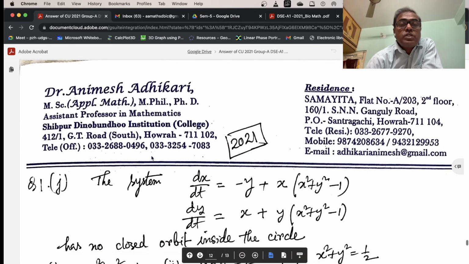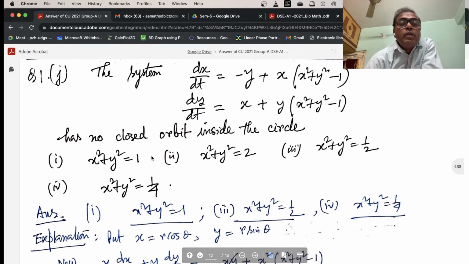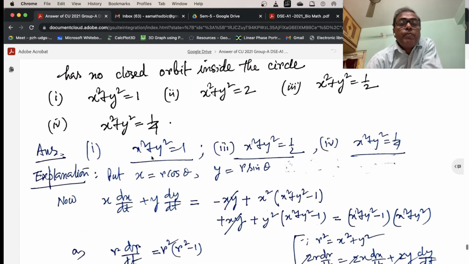For this system with no closed orbit, the options are 1, 3, and 4.